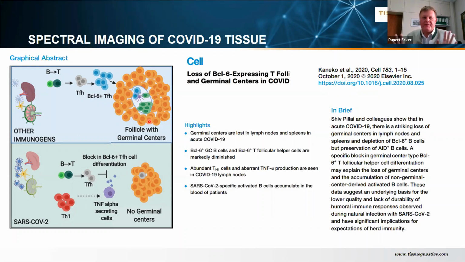As I said, I don't have the time to go into details. If you want to know more, please refer to this publication published yesterday. But this is one example that shows how TissueFAXS cytometry can support or perform immunophenotyping of tissue-infiltrating leukocytes.